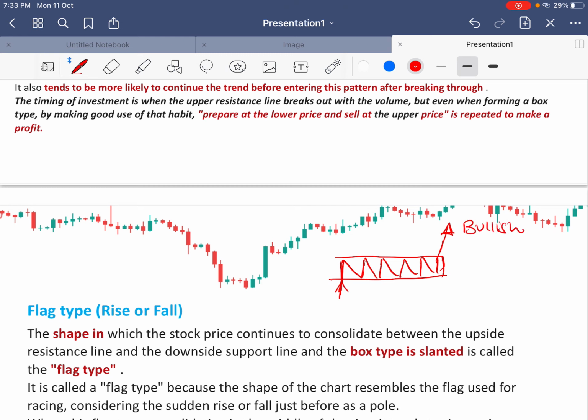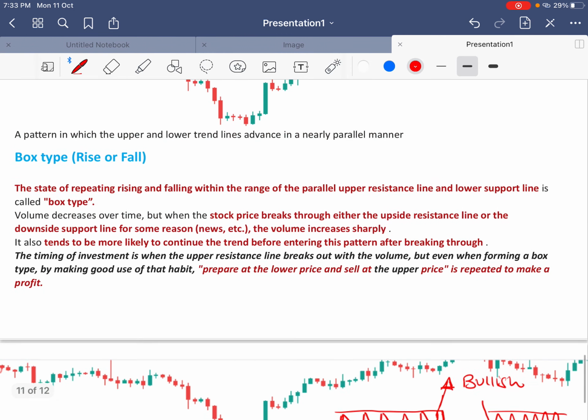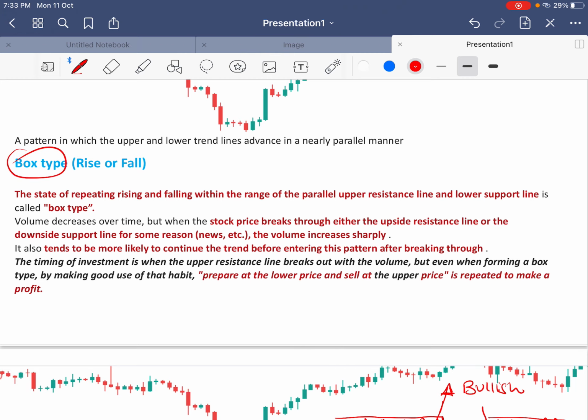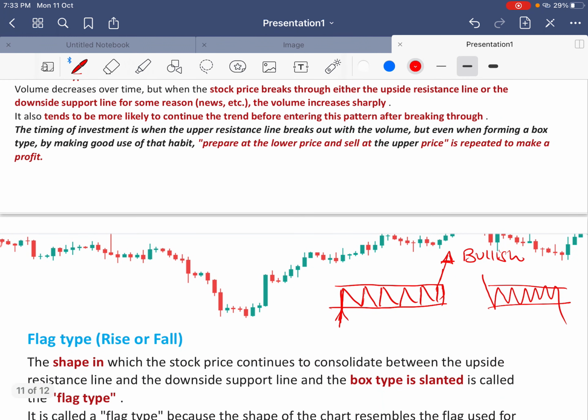And for the bearish, let me just draw it. So this is a bearish box, or you can say flag type, box type, this one is box type. These patterns might convert the current trading session into either a bullish or a bearish trend.